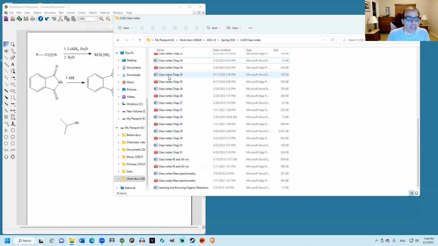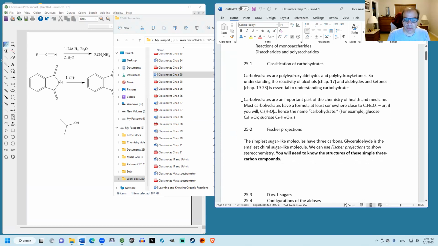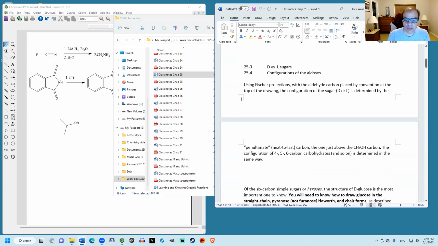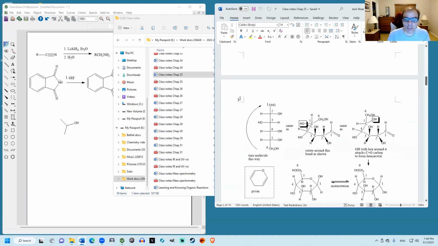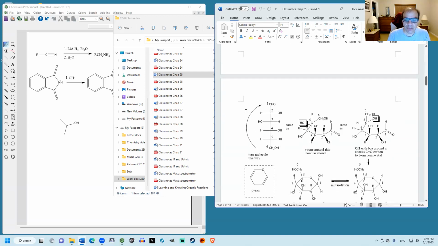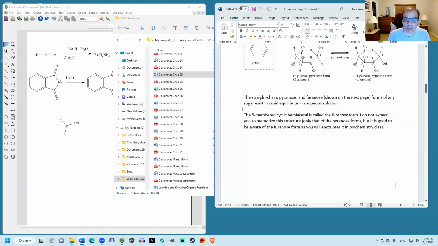So chapter 25 we just had recently, that was on carbohydrates. So that was on the previous exam. We focused really on glucose. That was one of the few compounds you needed to memorize the structure for.